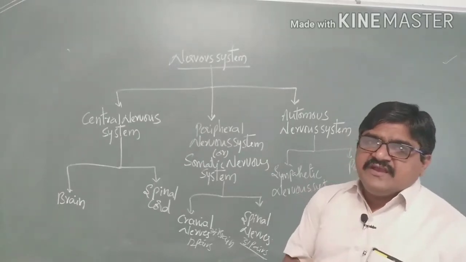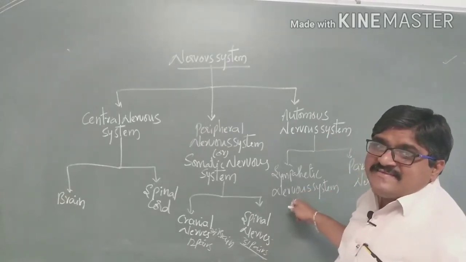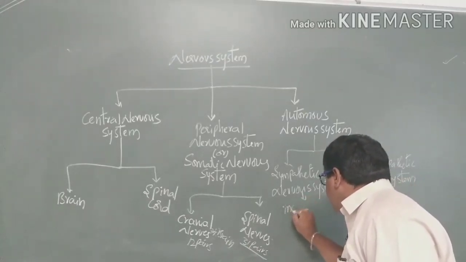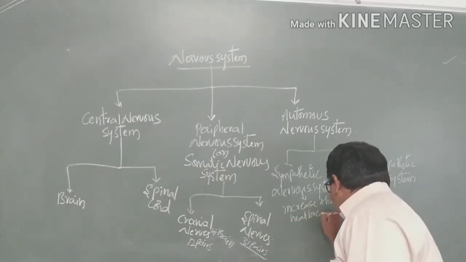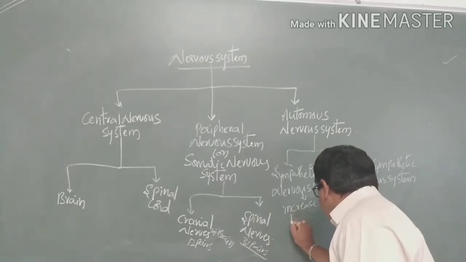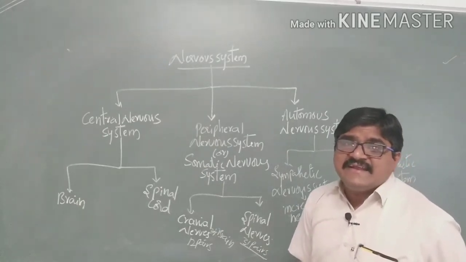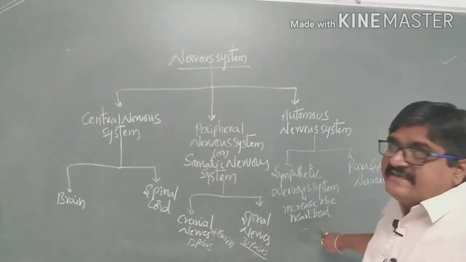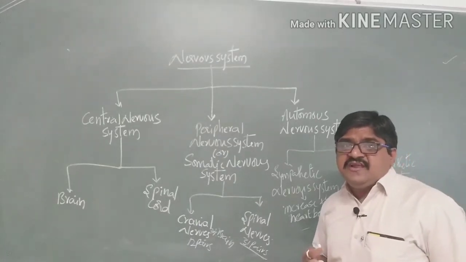For example, take the heartbeat: the sympathetic nervous system will increase the heartbeat, so we can call it accelerator nerves. Accelerating means increasing the heart rate. When it increases continuously, it leads to death.